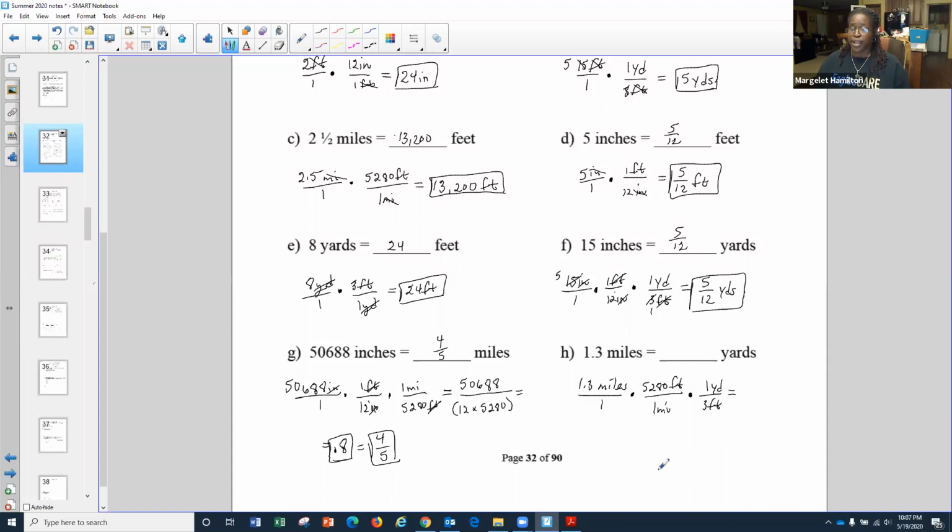Going ahead and doing our cancellation. Miles go away, our feet go away. All right, so on the top we have 1.3 times 5,280 equals, and then divide by 3, and you should have gotten 2288.